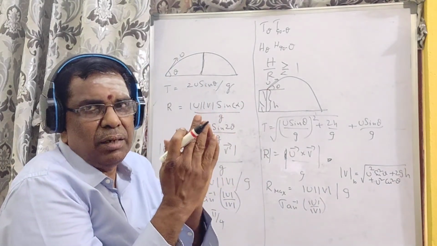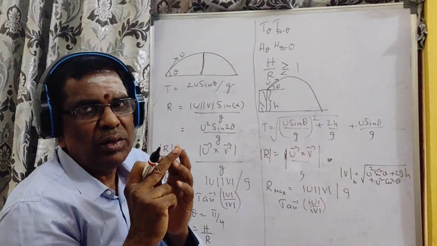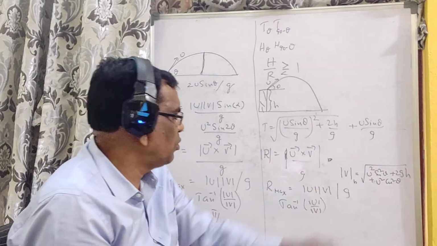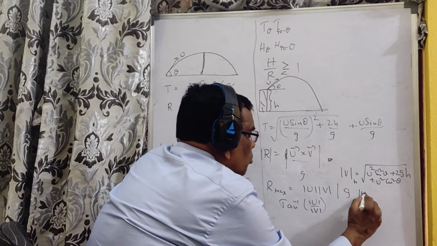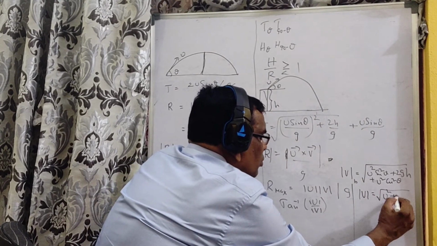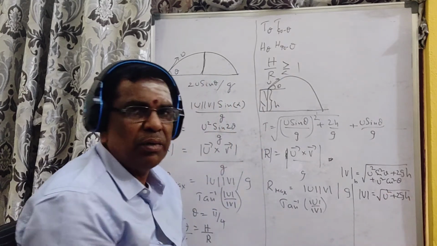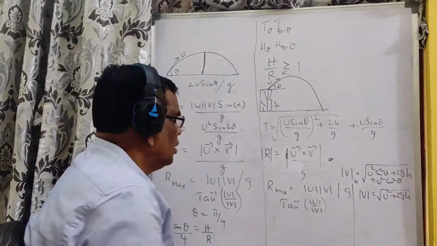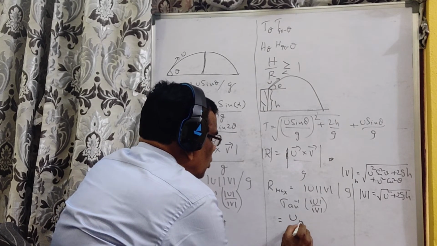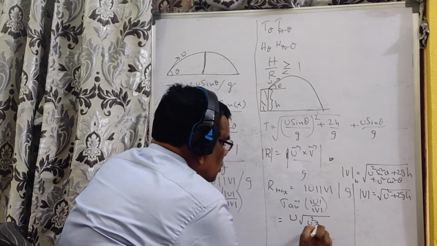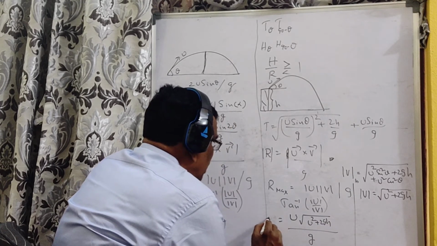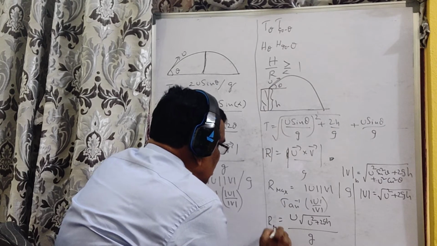You remove the root there, it becomes square, and you square it. What do you get? So mod V is equal to under root of U square plus 2GH. That is what you will get. It's a very important relation: U under root of U square plus 2GH by G. Very important, my dear friends.